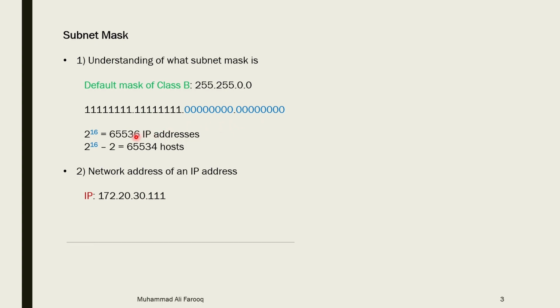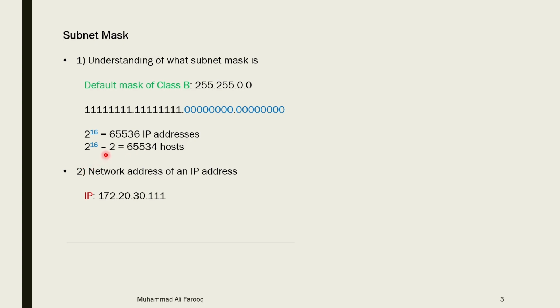From here we can easily identify the number of IP addresses. Since this is the host portion, and we see that these are 8 zeros and these are 8 zeros, these are 16 zeros in total. So 2 to the power of 16 gives us 65536 IP addresses.